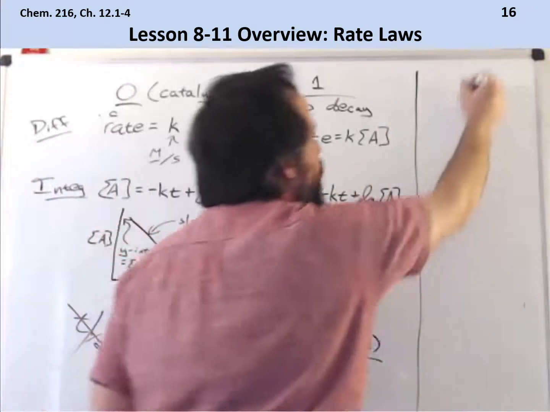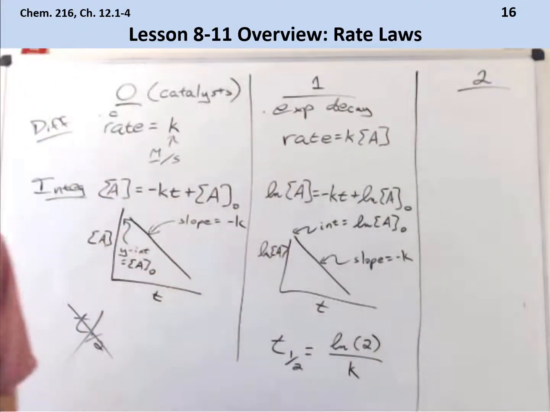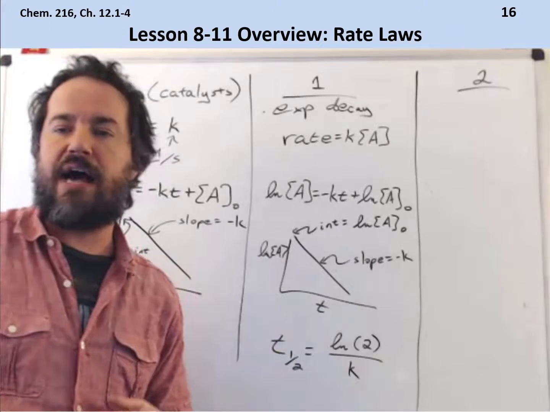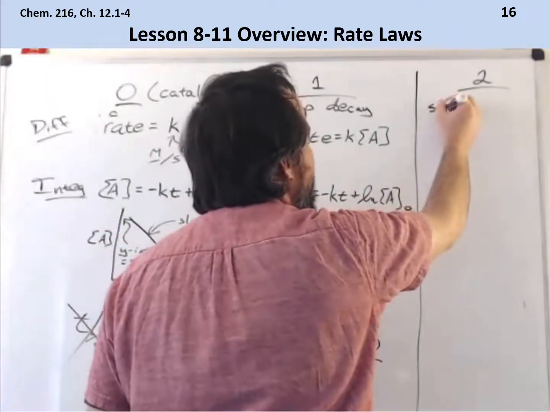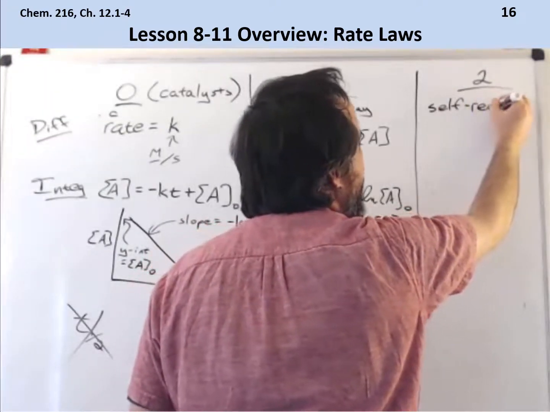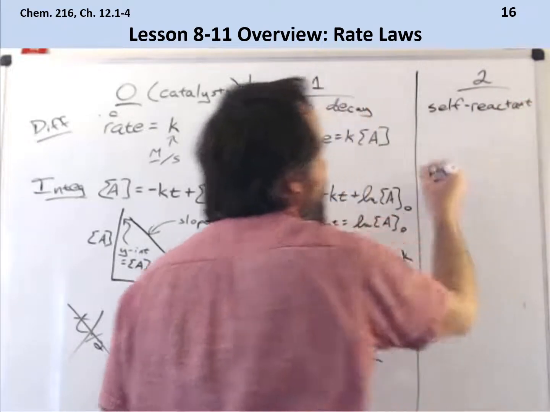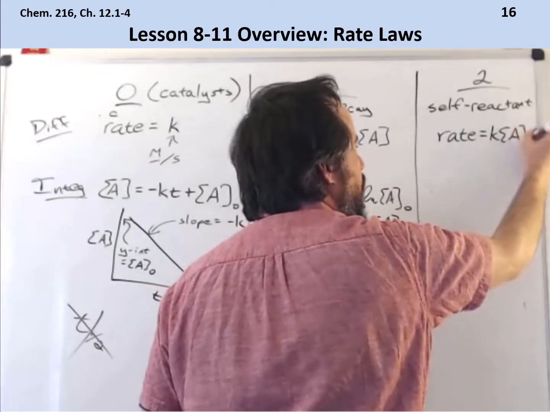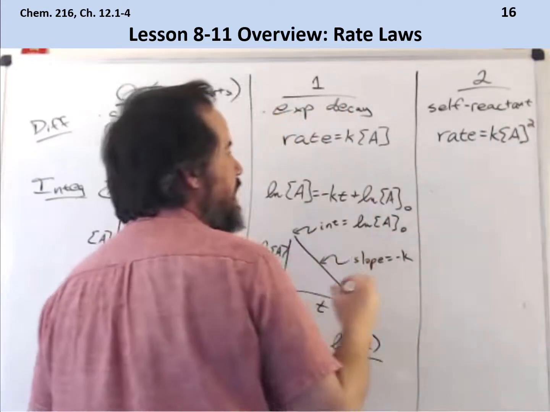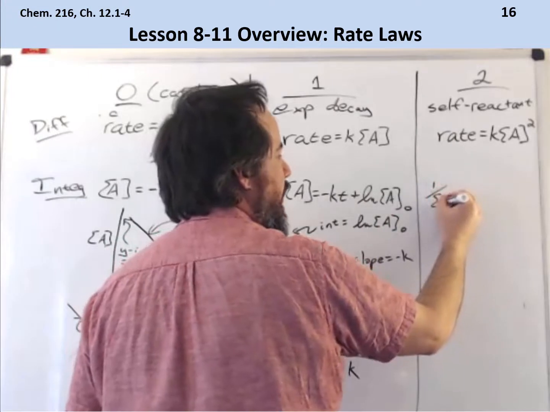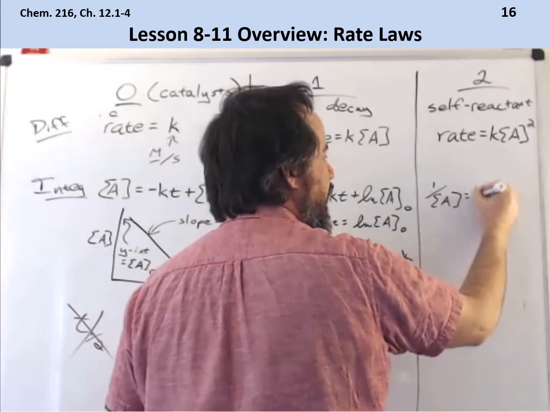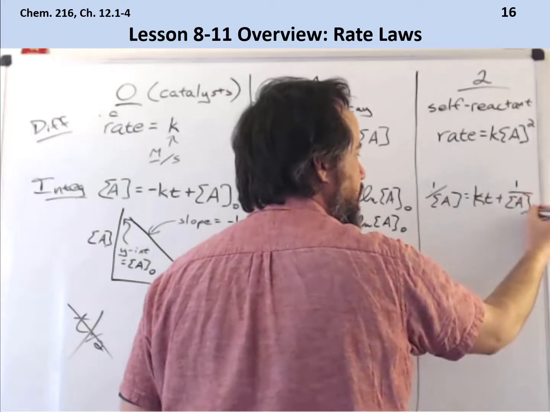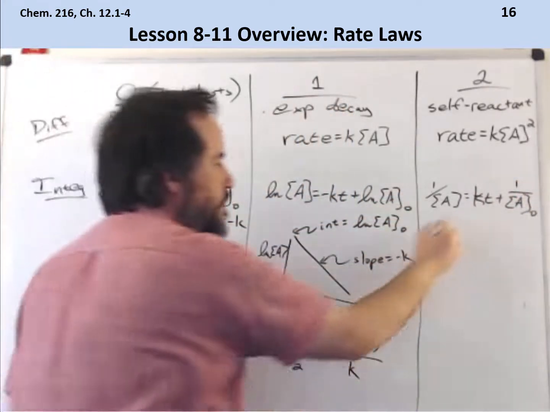All right, the last one we're going to talk about, second order. Second order reactions are what we see in what we call self-reaction, that's when one reactant or compound reacts with itself. So this is rate equals k[A]^2. Its integrated rate law is 1 over [A] equals kt plus 1 over [A]0.